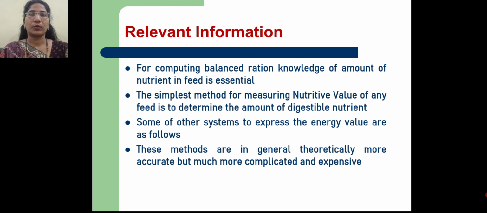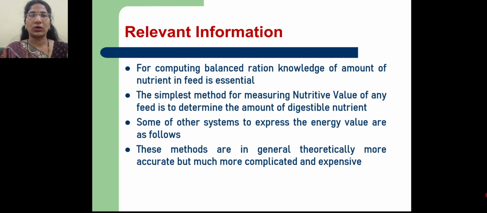For computation of a balanced ration, knowledge of the amount of a nutrient in feed is essential. The simplest method for measuring the nutritive value of any type of feed is to determine the amount of digestible nutrients.